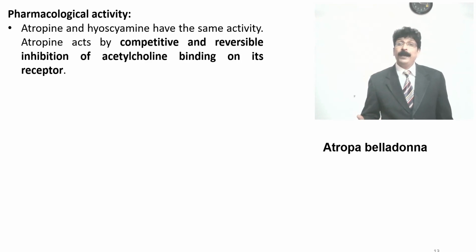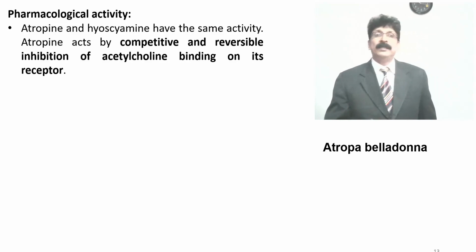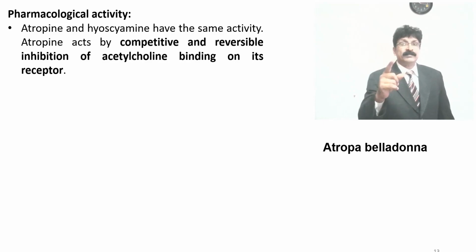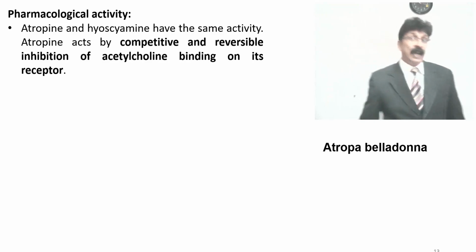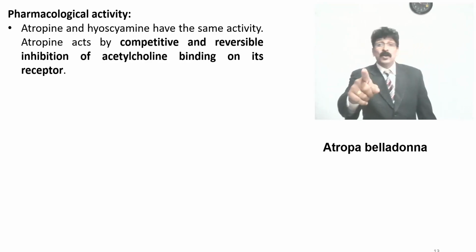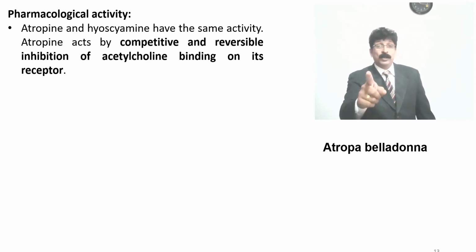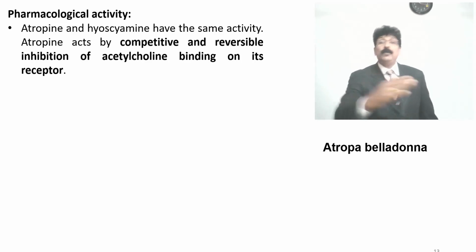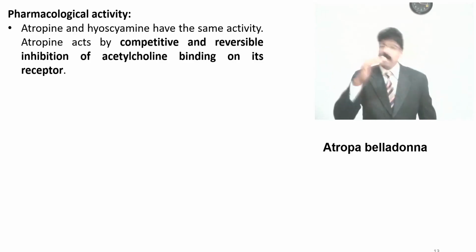Atropine acts by competitive, reversible inhibition of acetylcholine binding on its receptor, as it is a parasympatholytic or anticholinergic action against acetylcholine. So you see, it's a competitive and reversible inhibition of acetylcholine binding sites of the receptor.